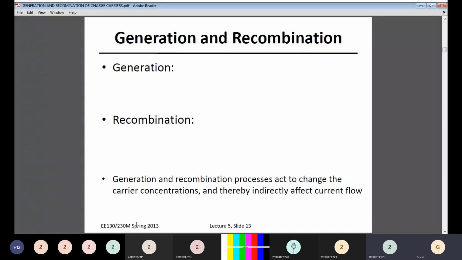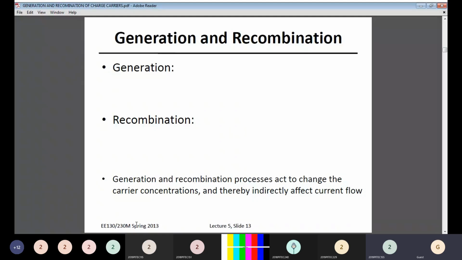And what is recombination is, on giving the bias condition or thermal condition, the electron and holes tend to move, penetrating through the potential barrier to recombine as an electron-hole pair. That is called the recombination process.